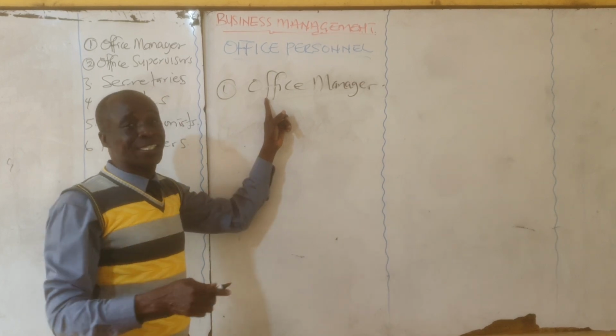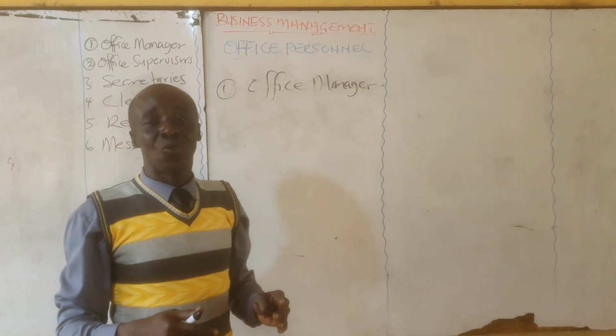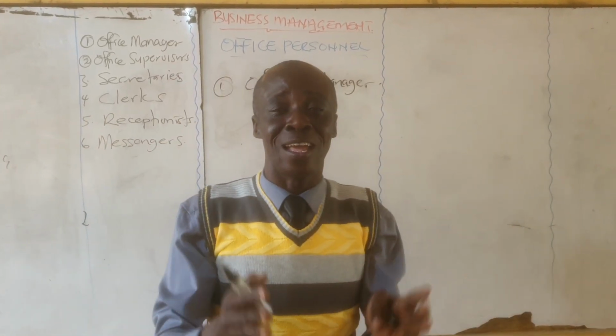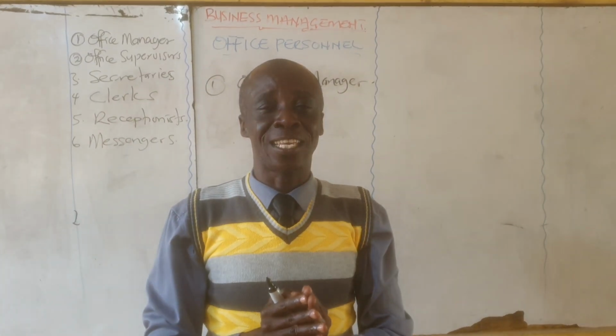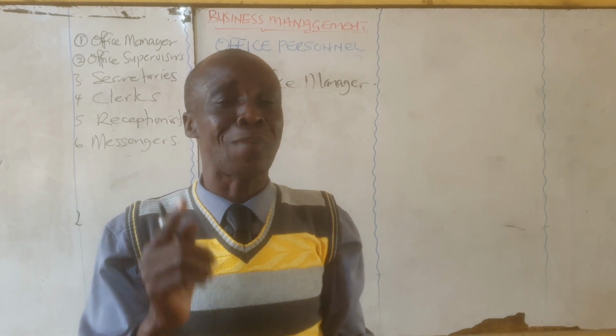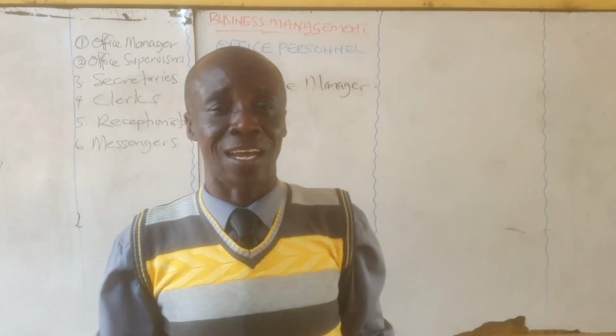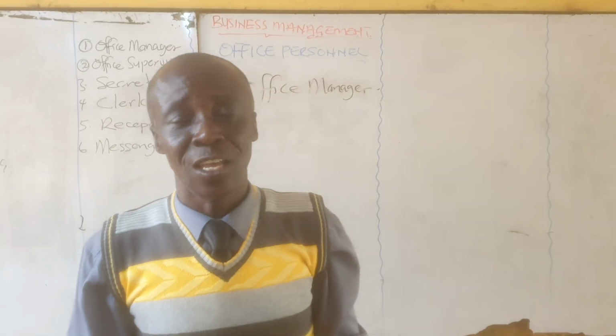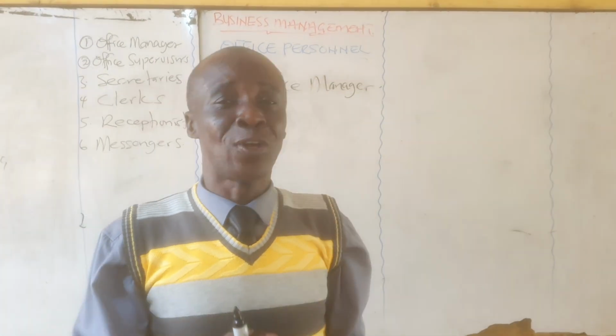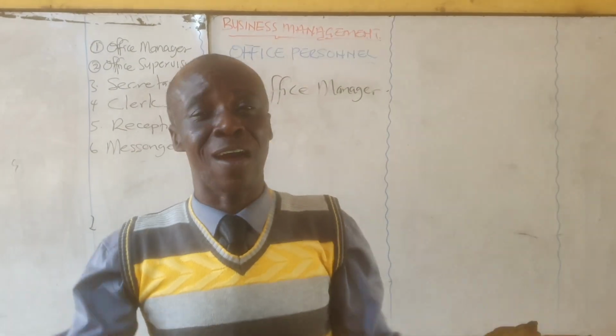When we say office manager, who are we talking about? Now, when you go to a particular office, they say office manager. They may not mention the term office manager. They may have other terms. Let me give you a typical example. In school, you know there's a particular office we call the general office.